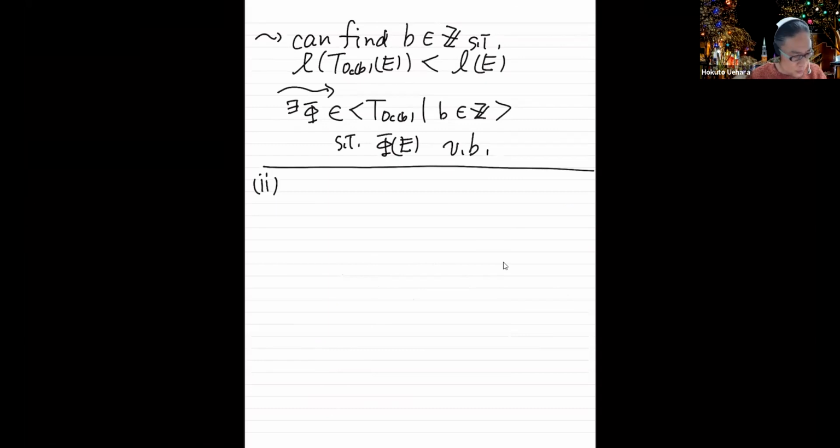And the idea of proof of the second statement, I mean transitivity, is much more complicated.